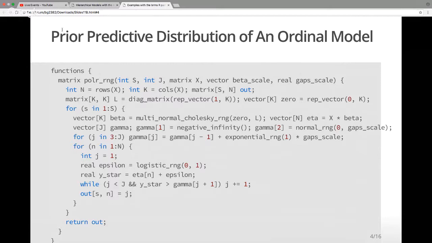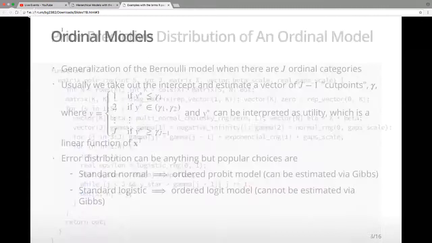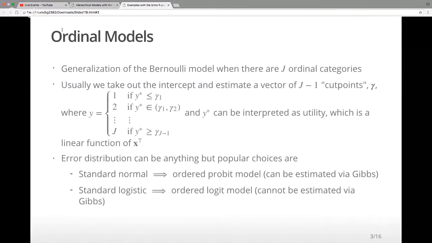What would be the scales that you want to use there? Also, a positive real number indicating what scale you want to use for the gaps in the cut points under your prior. So between gamma 1 and gamma 2, between gamma 2 and gamma 3, etc.